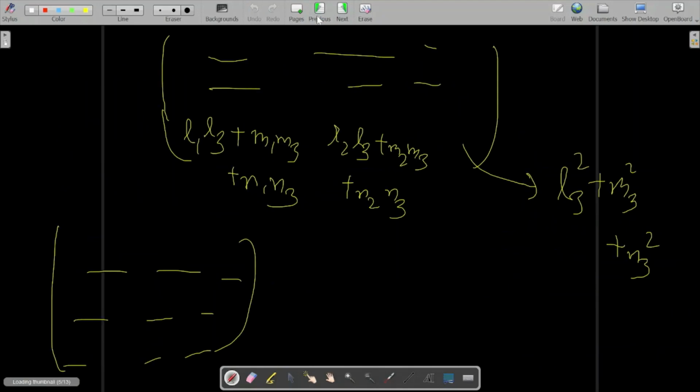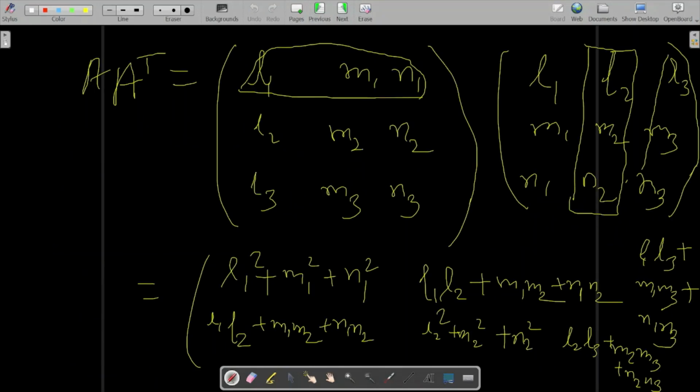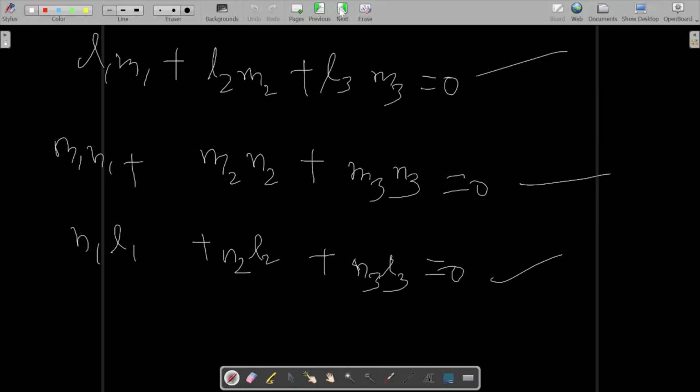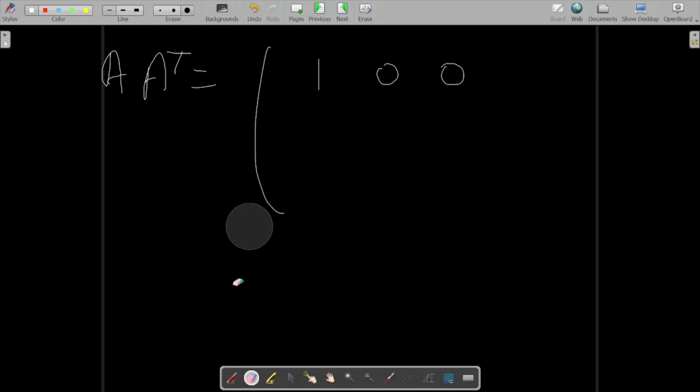into the matrix for A transpose which you had got over here, this big matrix which took 2 pages, when you substitute these values based on the orthogonality of lines condition, you clearly get 1 0 0, 0 1 0 and 0 0 1.